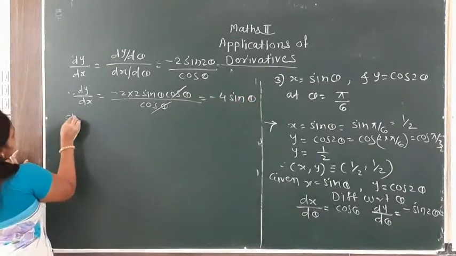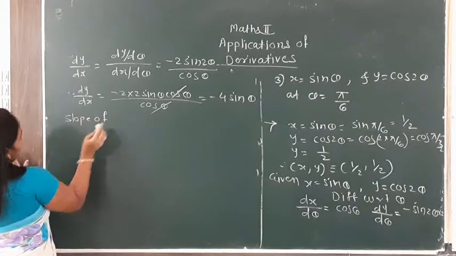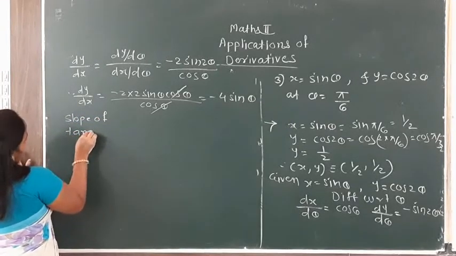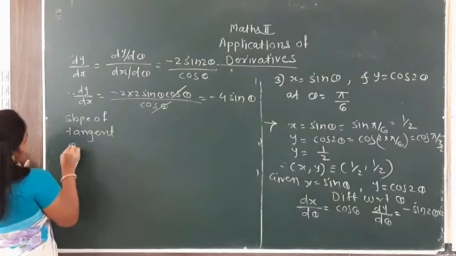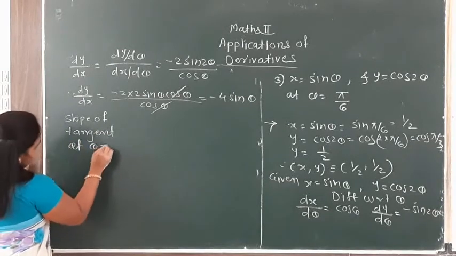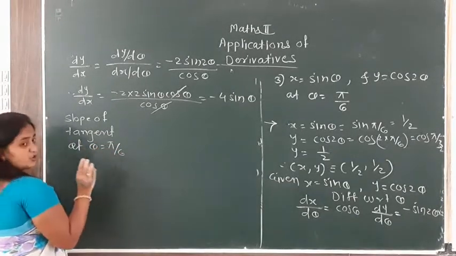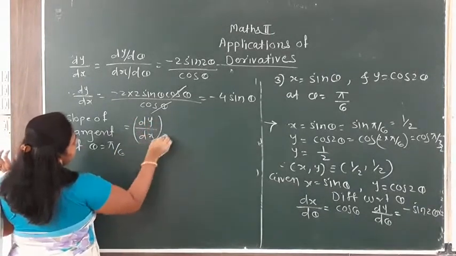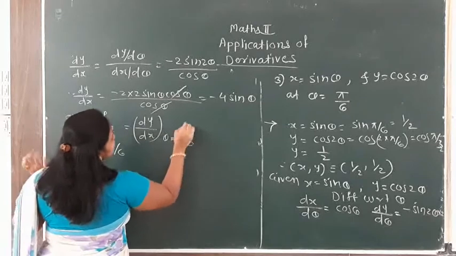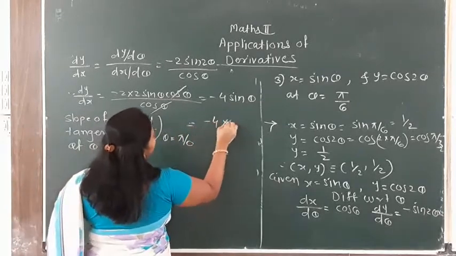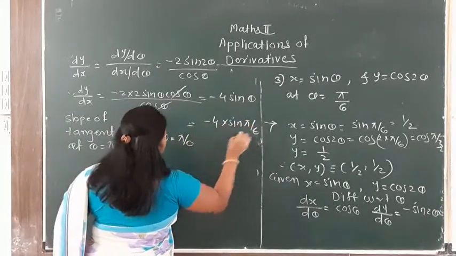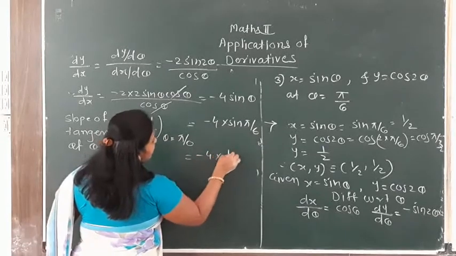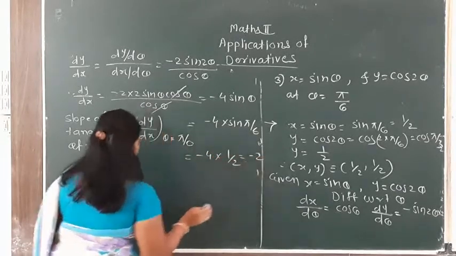So the slope of the tangent at theta is equal to pi by 6, which is dy by dx at theta equal to pi by 6, is equal to minus 4 multiplied by sin pi by 6, which is minus 4 multiplied by 1 by 2, which is minus 2.